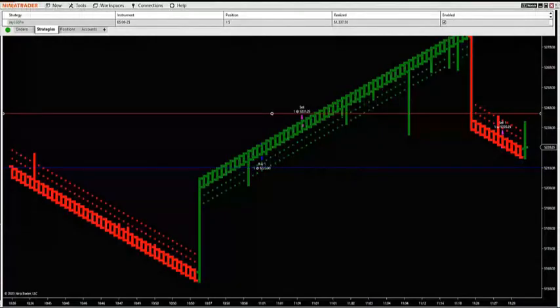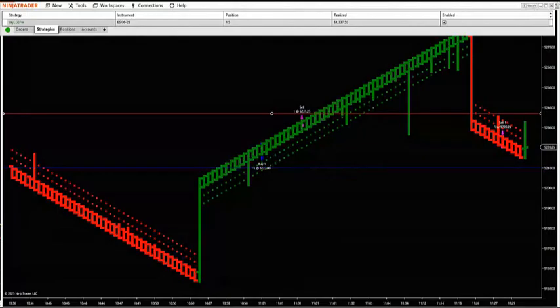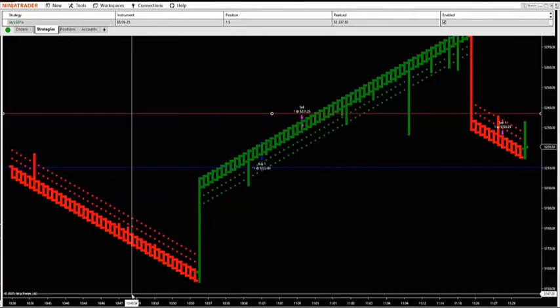I'm going at a fast pace right now, but if you look at this at normal speed, look how slow this thing's moving. That's normal speed on this type of Renko chart, so you've got plenty of time to adjust your stop.